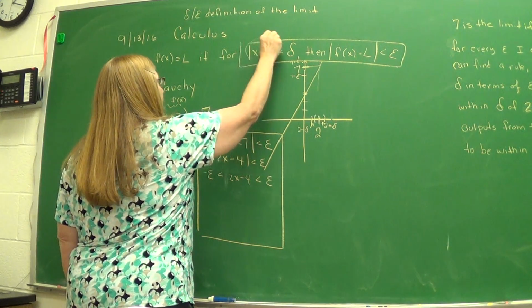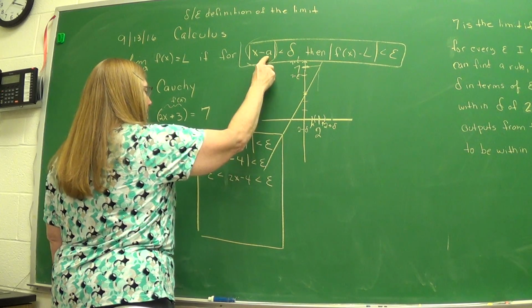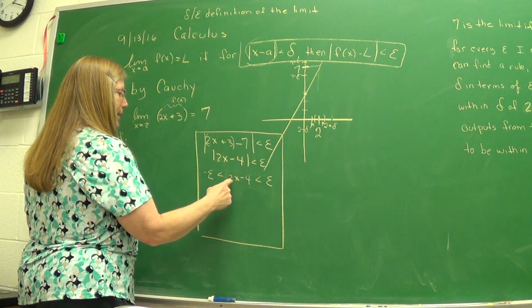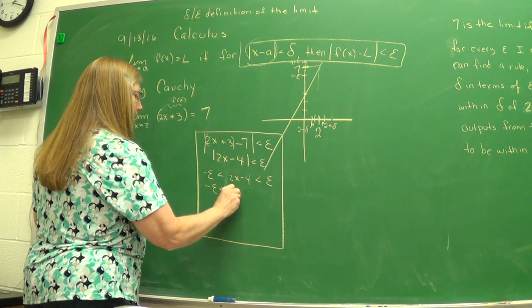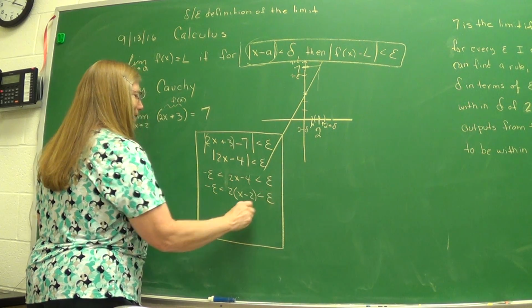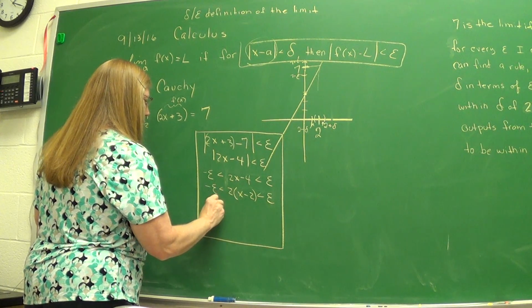My goal is to get this to look like this. So in our problem, this is x minus 2. So I want this to say x minus 2. Right now it says 2x minus 4, but look how I can get it to say x minus 2. I factor out the 2, and I divide everything by 2.